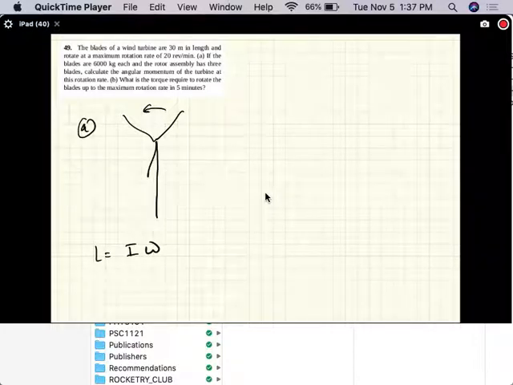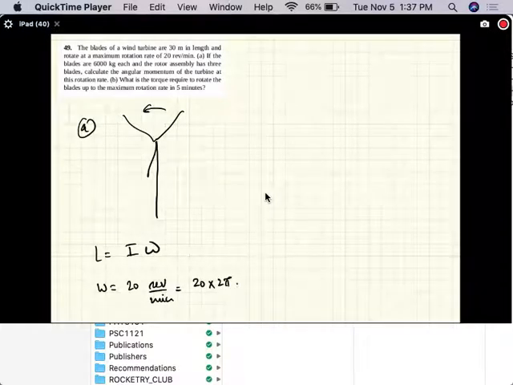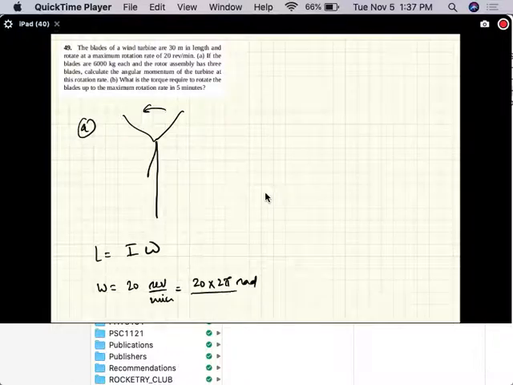Okay, omega is given to be 20 revolutions per minute. It's 20 times 2 pi radians divided by 60 seconds.